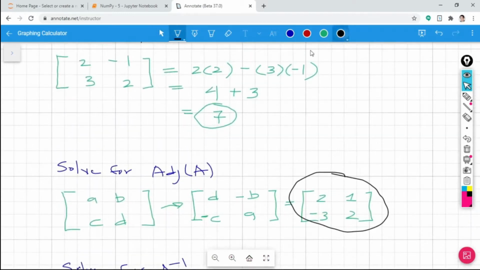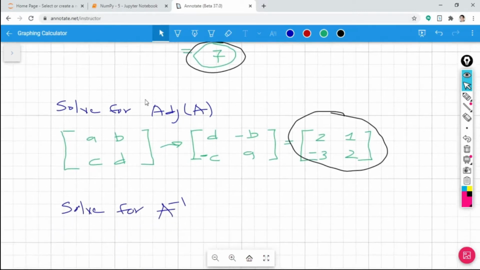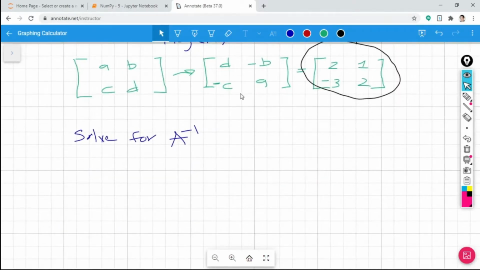Okay, so we got here 7. So this is the determinant, this is the adjoint. Okay, so we solve for A inverse. So this one, so let me write in green. So 1 over 7. Okay, so we multiply this one by this one.